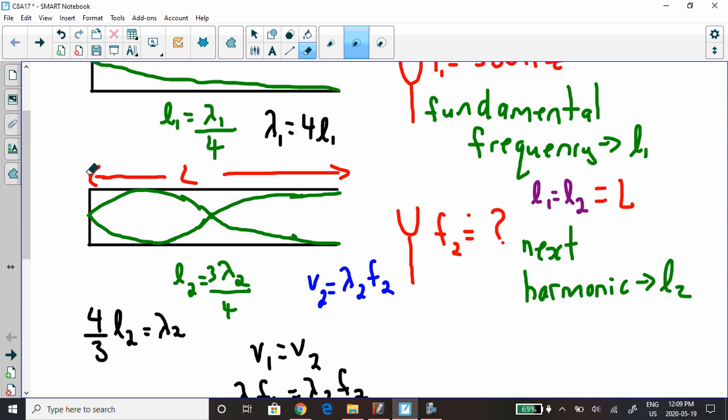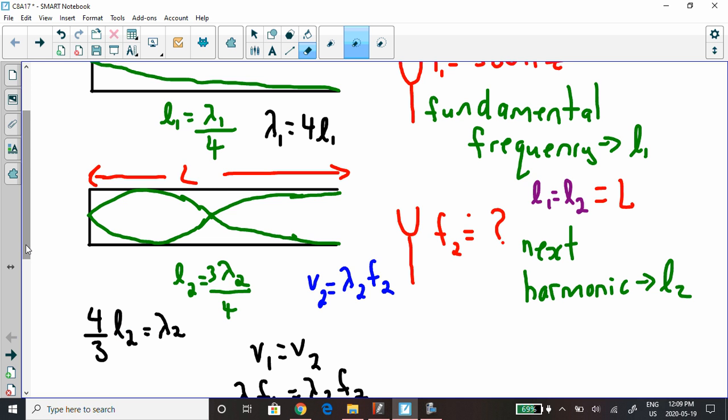This same length, big L, now for another tuning fork becomes resonance length 2, L2. But L2 is 3 times the wavelength produced by this different tuning fork over 4, 3 by 4 lambda 2. Rearranging, lambda 2 is equal to 4/3 of the second resonance length. I'll let you do that on your own.